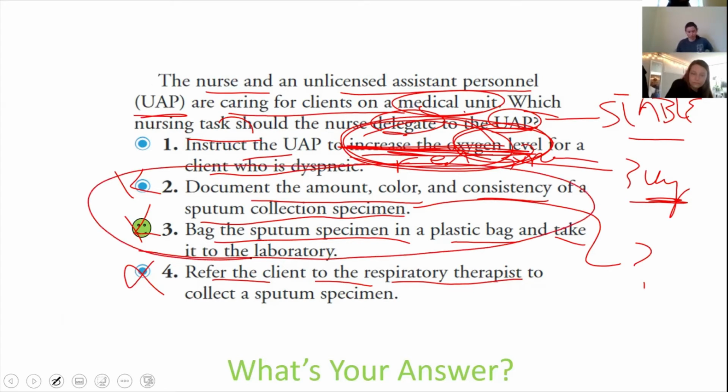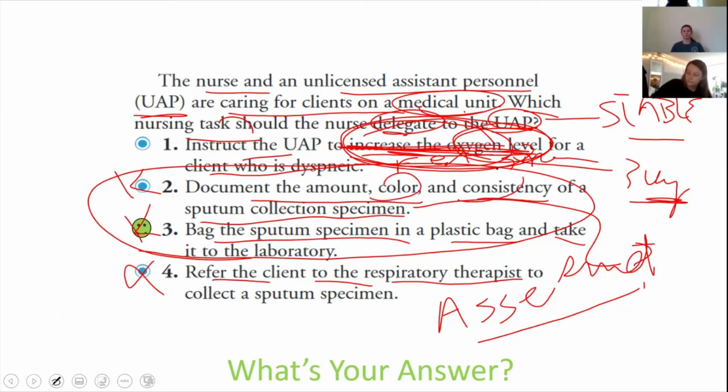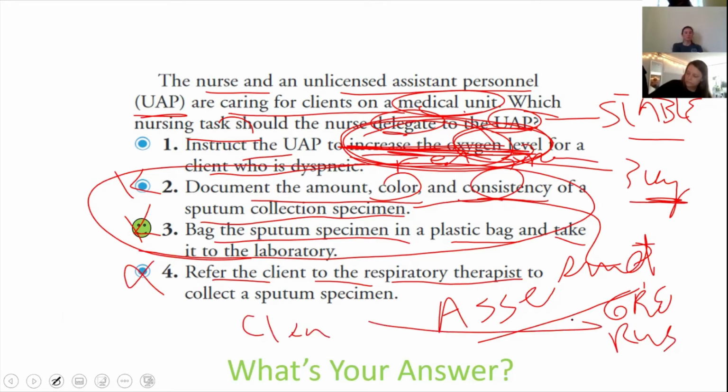So now you say to yourself, which one would require more assessment? The first question is, document the amount, color and consistency of sputum. Okay, so now I start to think, what if I had a patient who had green sputum before and now has rust? Or what if I had a patient who had clear sputum before and now has green? Am I going to sit on that? Am I going to want to know that?